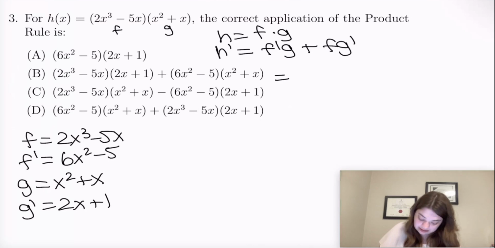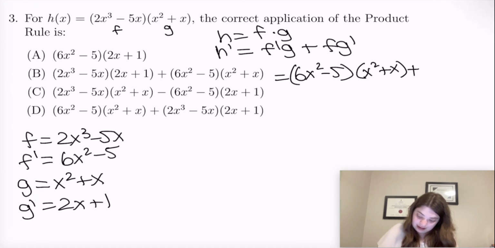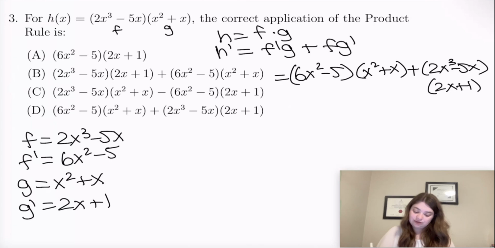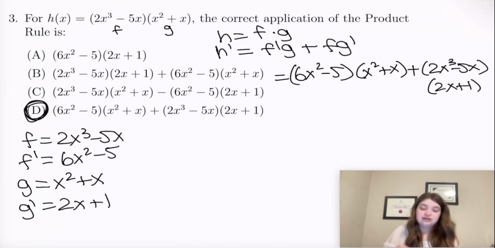So we're going to end up with 6x squared minus 5 times g, which is x squared plus x, and then plus f, which is 2x cubed minus 5x times g prime, which is 2x plus 1. Okay, so let's figure out which of these is correct. So looks like this last one, D, is an exact match to what I just wrote out there. And so D is the answer to this one.